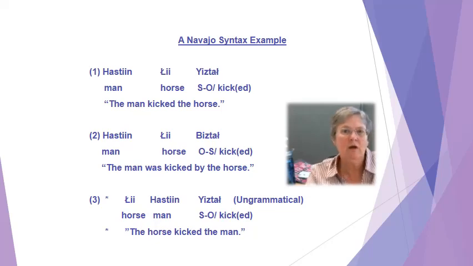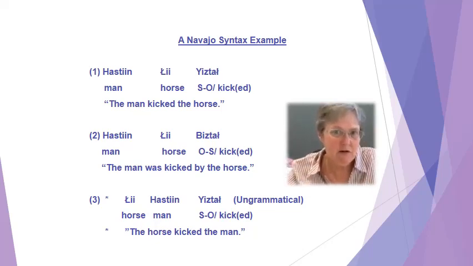On the other hand, horses are higher on that scale than some smaller four-legged animals. Four-legged animals are higher than plants. Plants are higher than minerals. And actually, some natural forces like lightning are higher than humans. So if I say lightning struck the man, I would mean that literally.